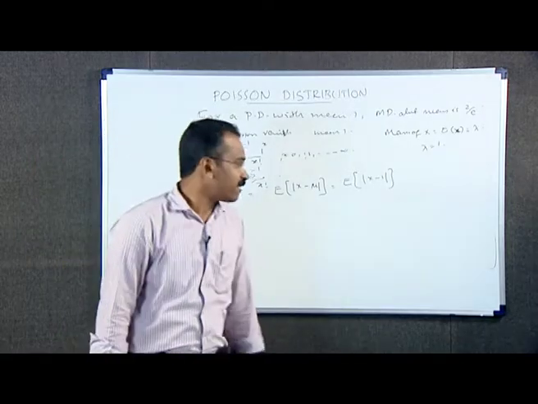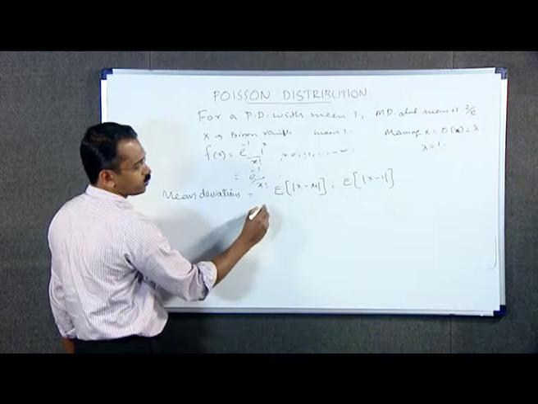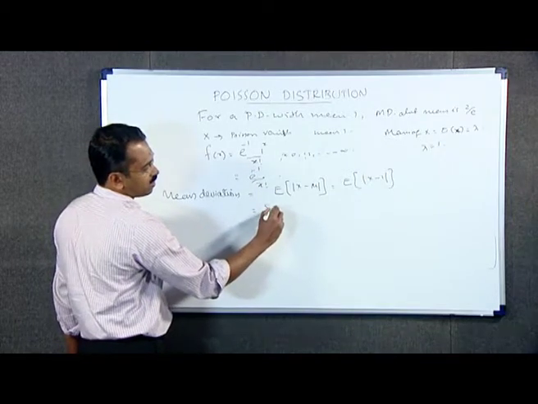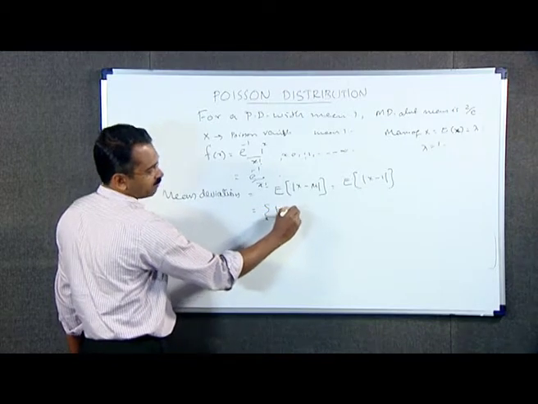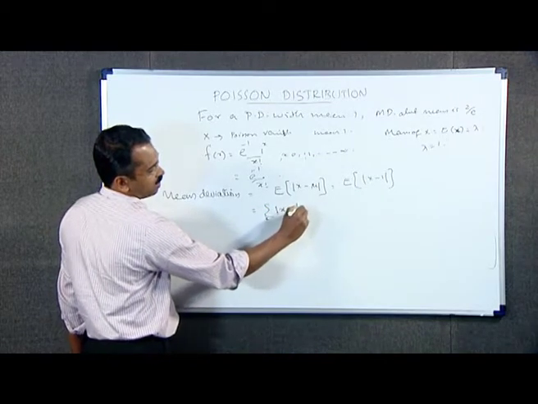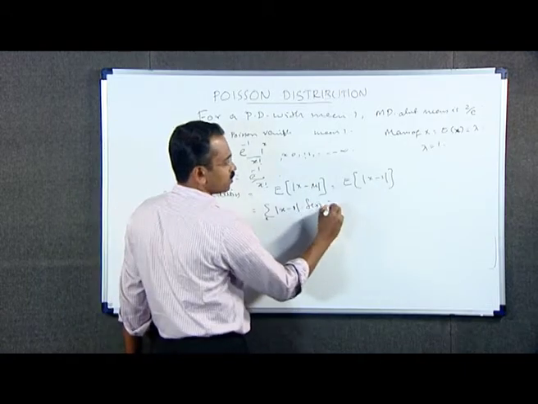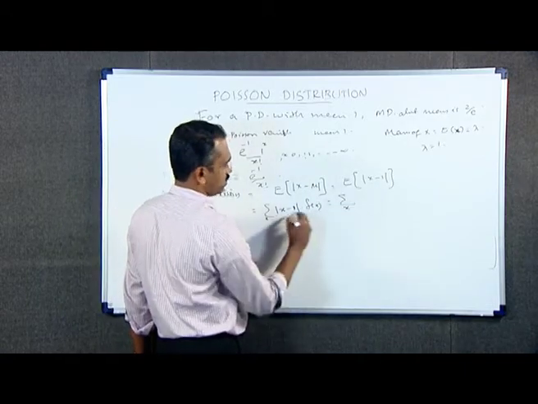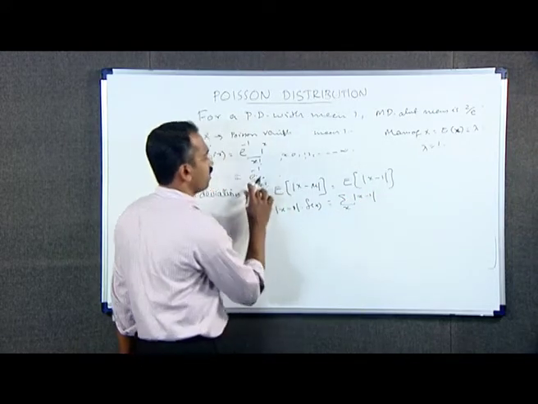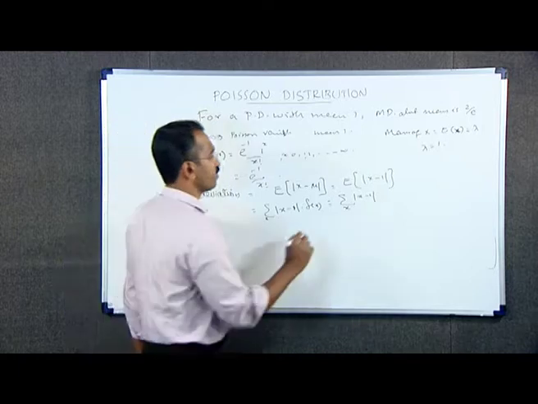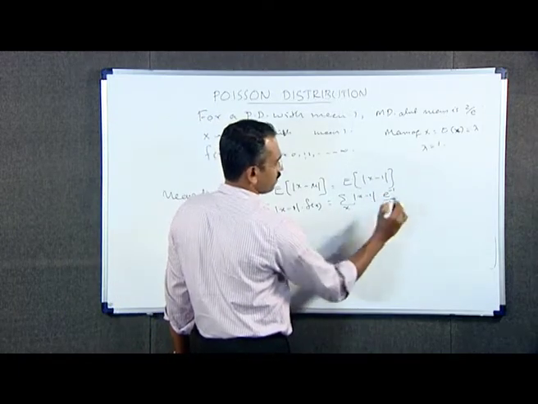By the definition of expectation, this is equal to summation over all x modulus of x minus 1 into f of x, which is e raised to minus 1 divided by x factorial.